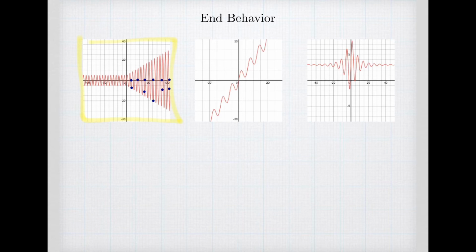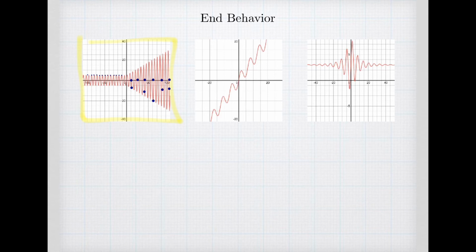If I look at the left, for example, if I were to pick my x values so that I was always picking the top of my graph, my y value would have a limit of 5.